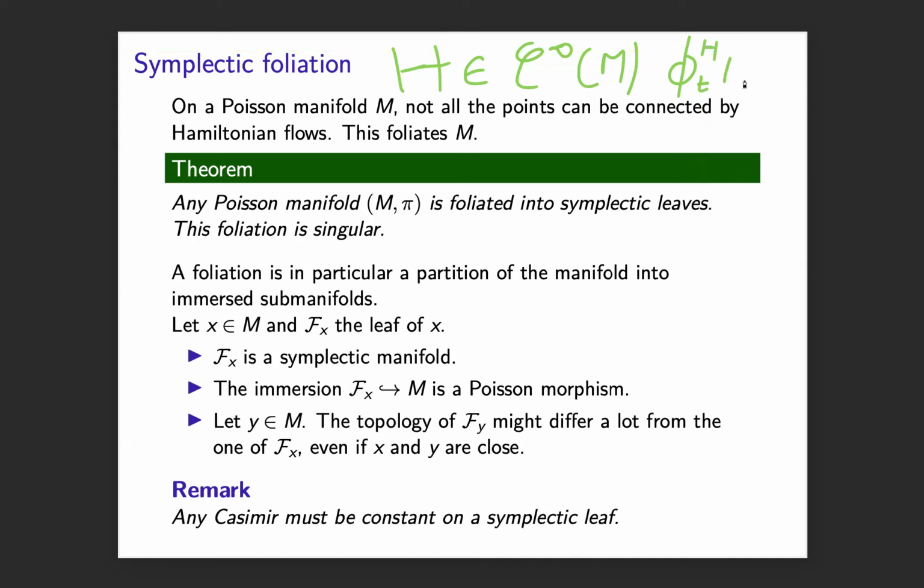But since there are degenerate directions, right? You will not reach all the directions, and therefore it foliates the Poisson manifold.